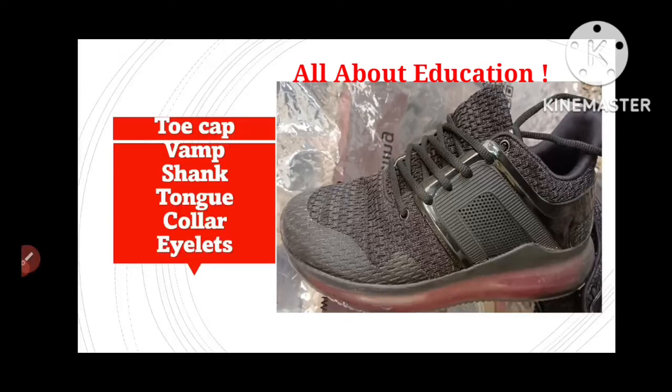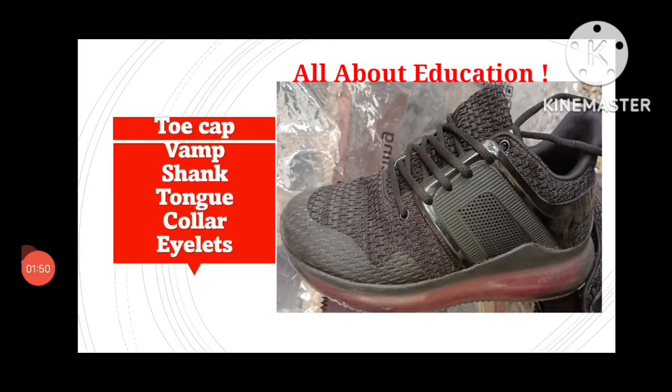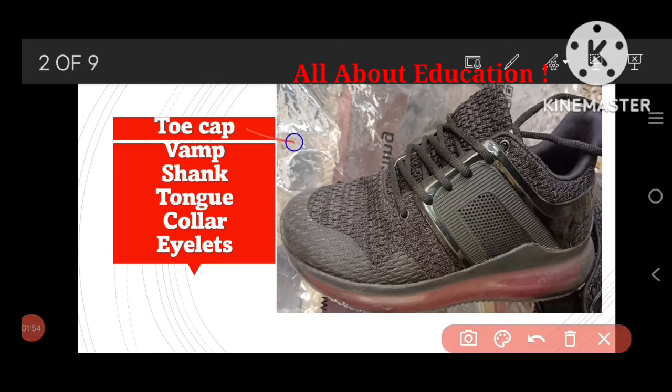In front of you, you are seeing a sports shoe, and in this sports shoe, we'll talk about different parts. The toe cap is this one. Now, what is vamp?